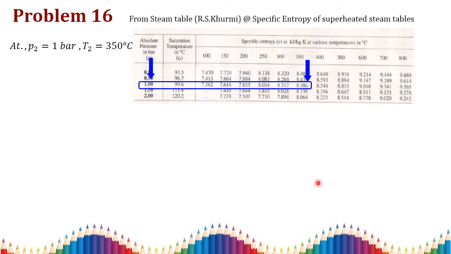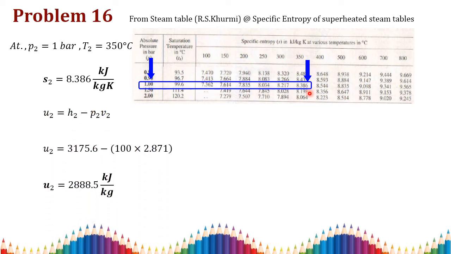Again from the superheated steam table, at the pressure P2 equal to 1 bar and the temperature T2 equal to 350 degrees Celsius, you can take the specific entropy S2 of 8.386 kilojoule per kilogram Kelvin.